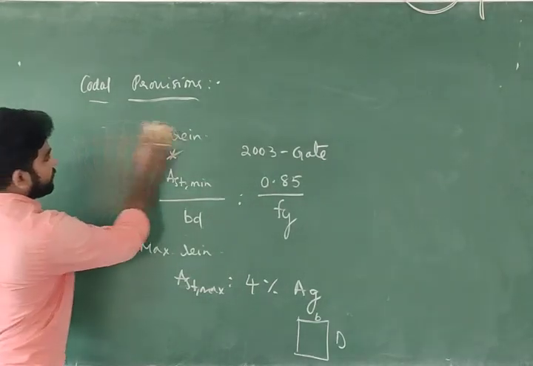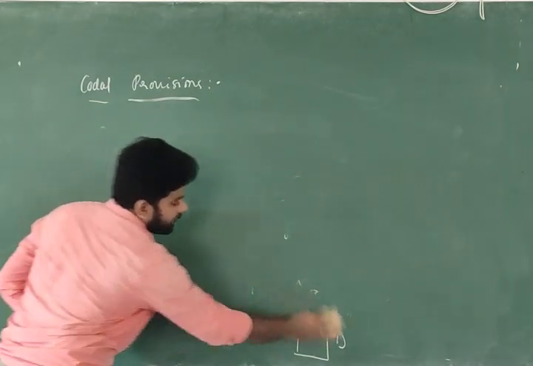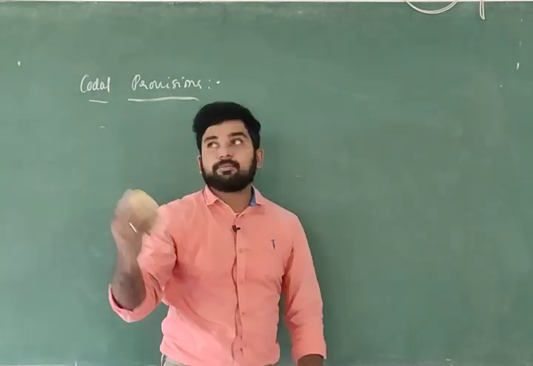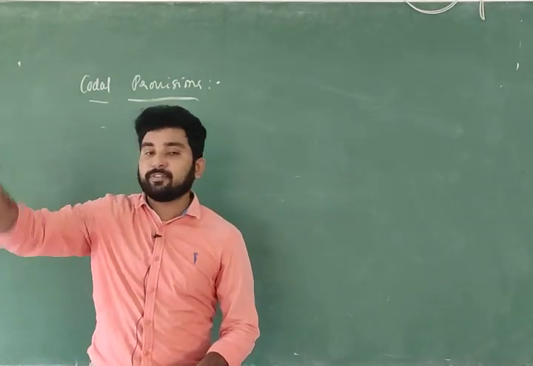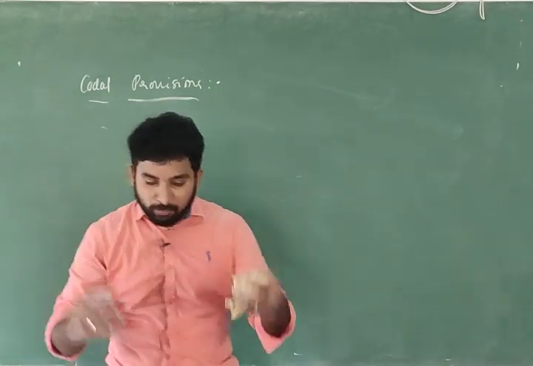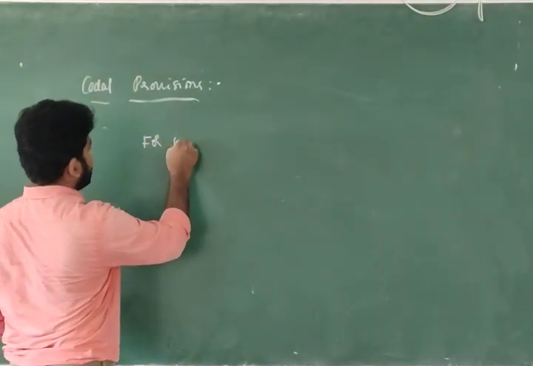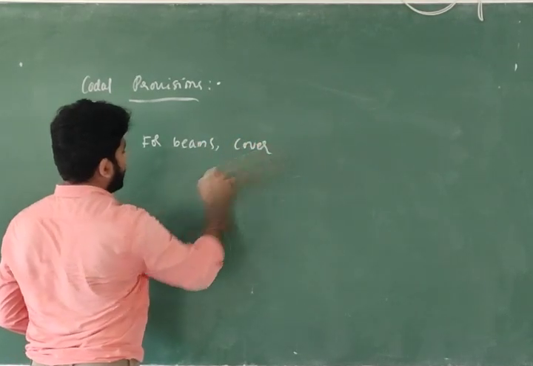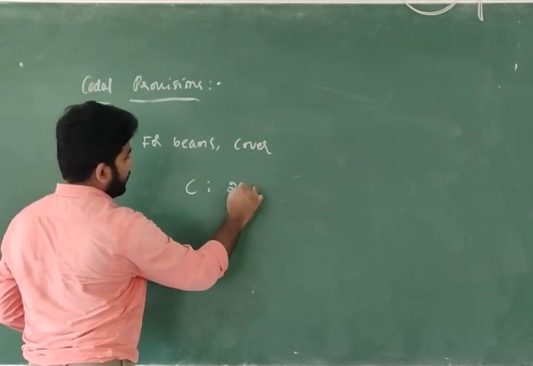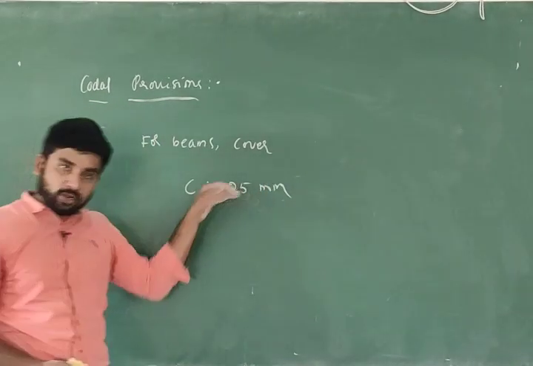Next one is cover. Whenever you look at a beam or column, you can't see the reinforcement because you provide some cover. Sir, how much cover should you provide? For beams, the cover, that is c, is 25 mm. The minimum cover you should provide is 25 mm, not less than this.